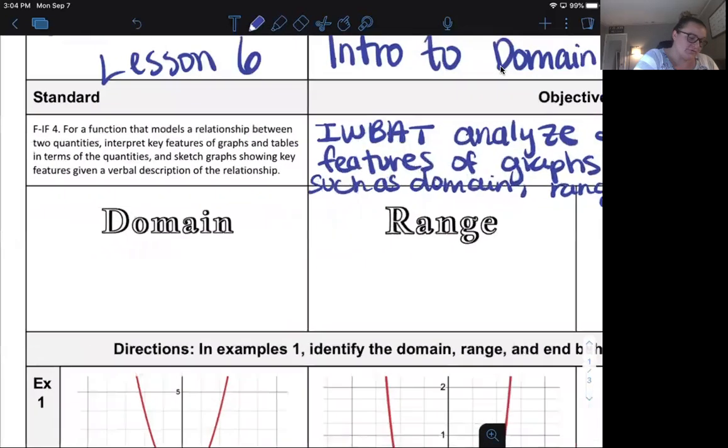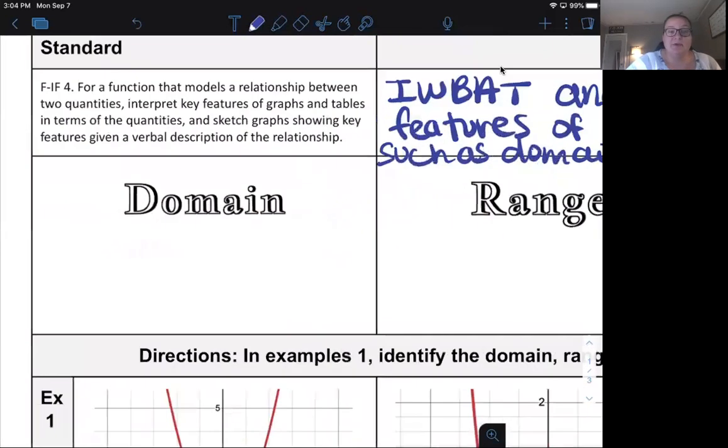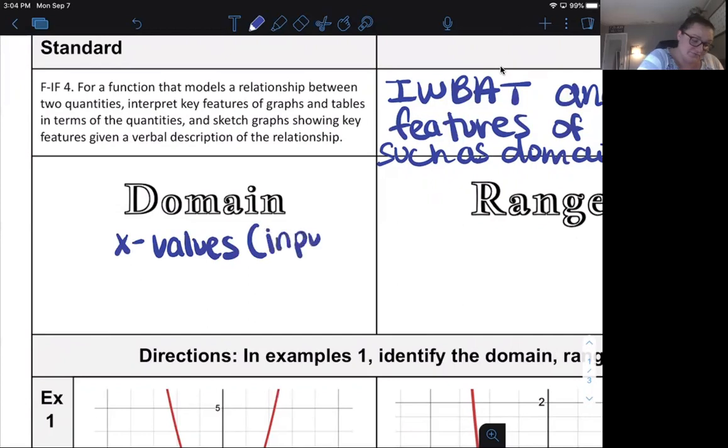All right, so the first thing we need to talk about today is domain. What exactly is domain? Well, domain is basically a description of all of your x values. And what else do we know that we can call x values? If we have a function, we know that we can call an x value our inputs.